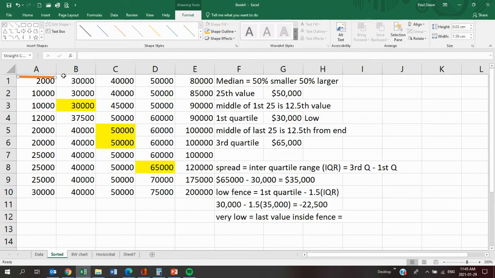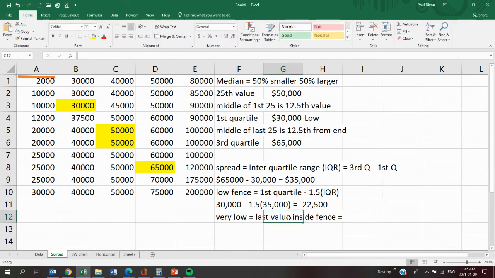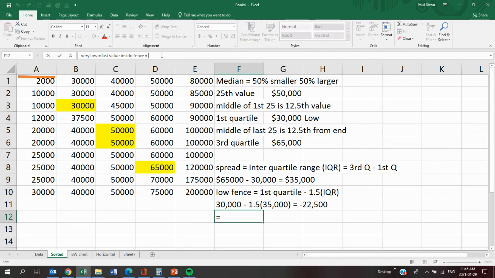So it's negative actually, but to be inside the fence, the last value inside the fence is going to be that smallest number, 2,000. That is going to be my very low.